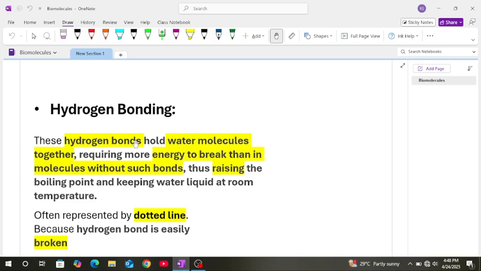And if we want to break the hydrogen bonding, we will need to give energy, external energy, to those water molecules. So the requirement of more energy is important when we want to break the hydrogen bonds, and that particular energy can be represented as boiling point.